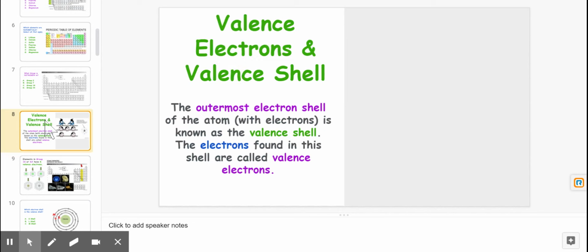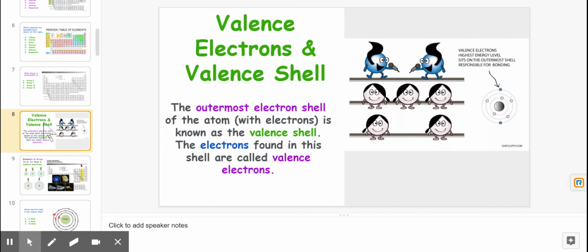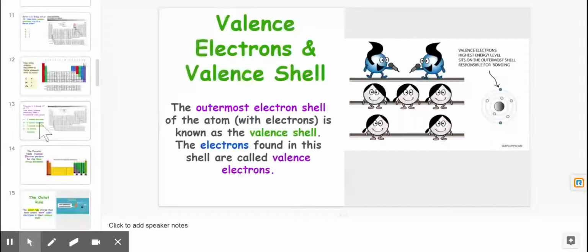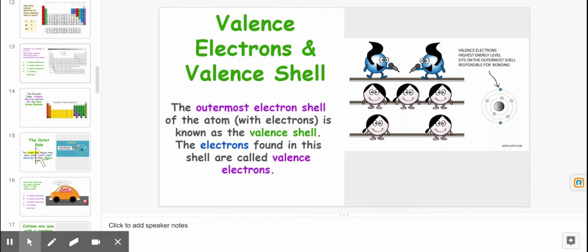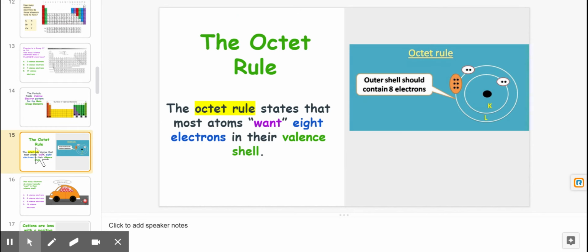We also need to know what valence electrons are and what the valence electron shell is. We need to know what the octet rule is and how we apply it to atoms to decide whether they will gain or lose electrons.